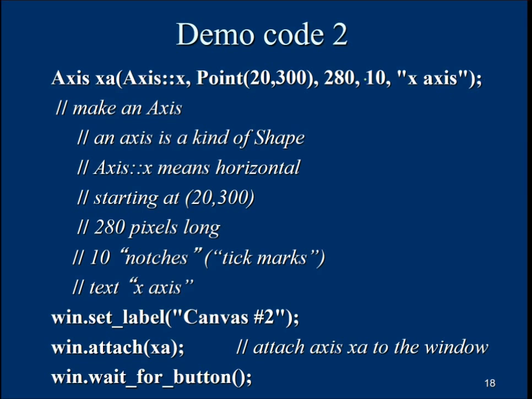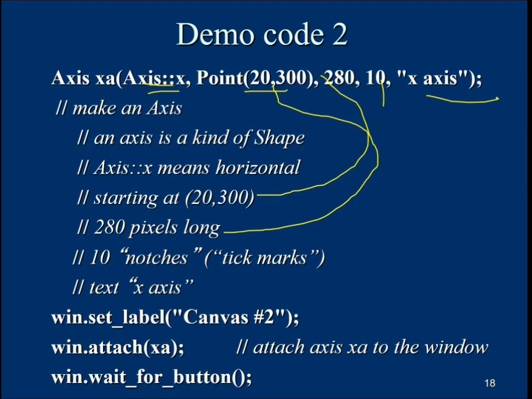Then for axis, you use a name and a point, and an axis is actually a kind of shape. So axis X means horizontal. This is the starting point. This 280 is actually the length. Then 10 notches, meaning tick marks, and this text means x-axis.